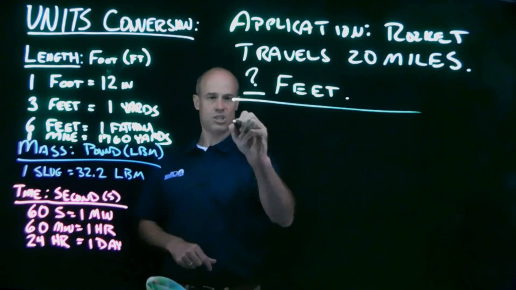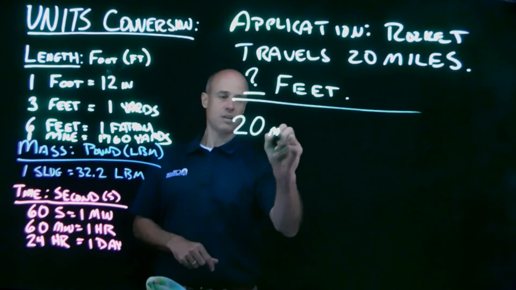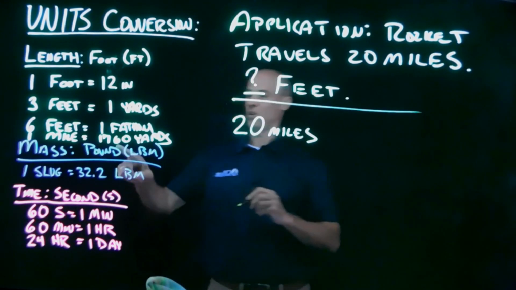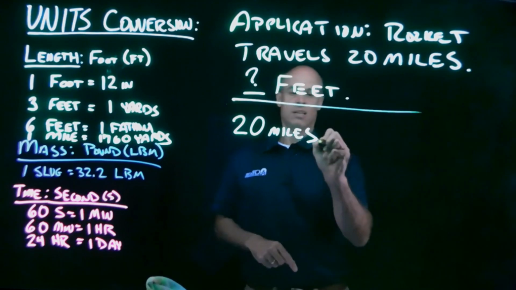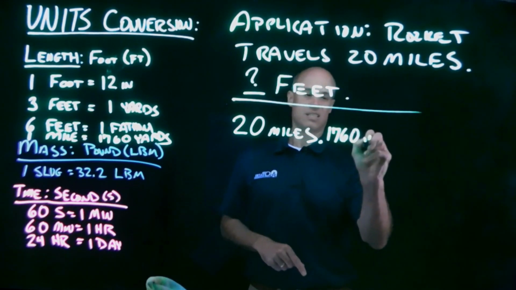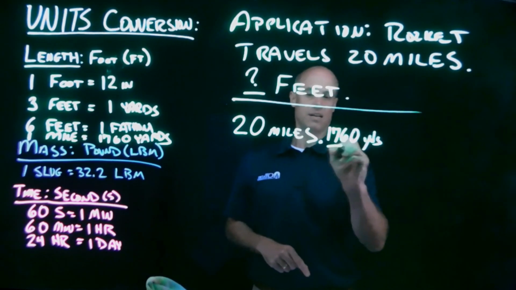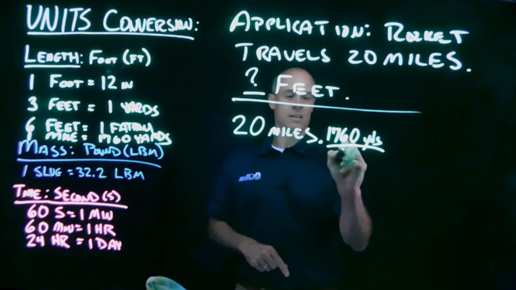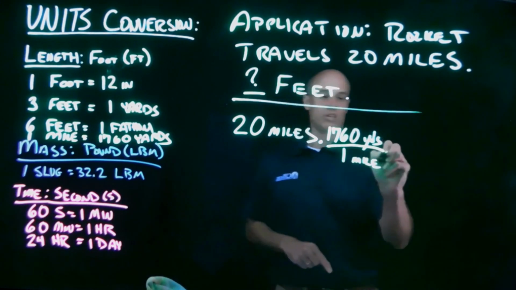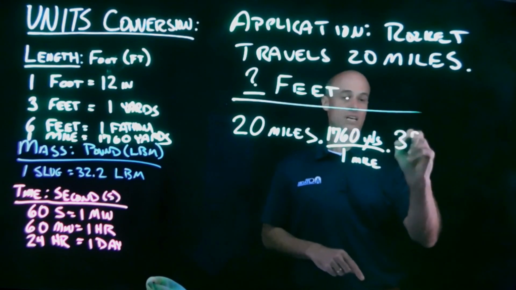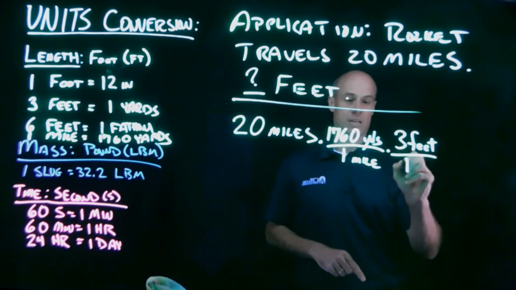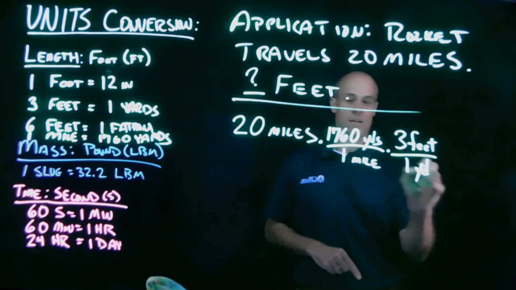Well, we're going to do it just like before. We're going to take our 20 miles, and we're going to look over here and we realize that 1,760 yards is 1 mile. And we know that 3 feet is 1 yard.